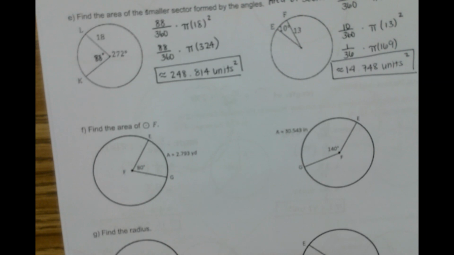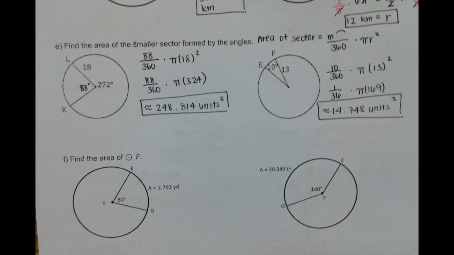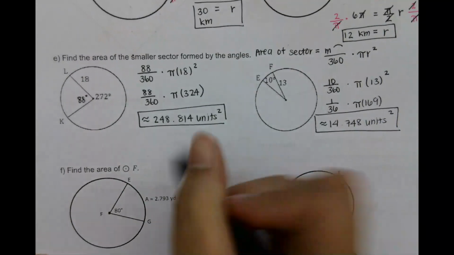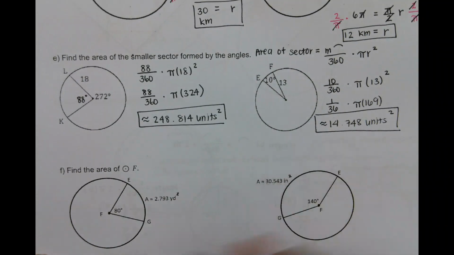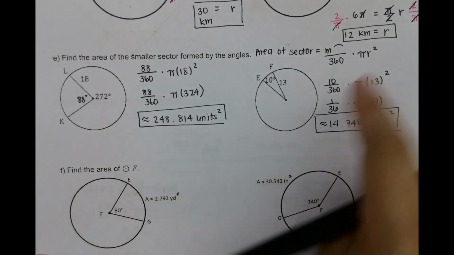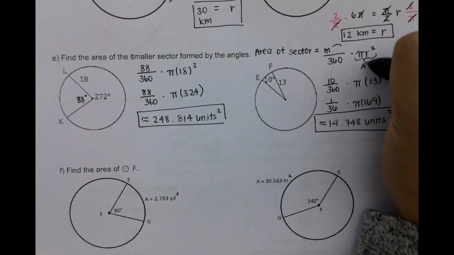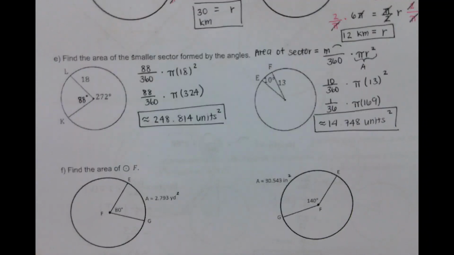Okay. So next one here, this time, instead of us finding the area of the sector, we're given it. Oh, I should have a square here. I should have an inch square. Okay. And then we are finding the area of the whole thing, right? So this is area of the whole thing. So instead of putting pi r square, I'm just going to put a big A for the circle. Okay.